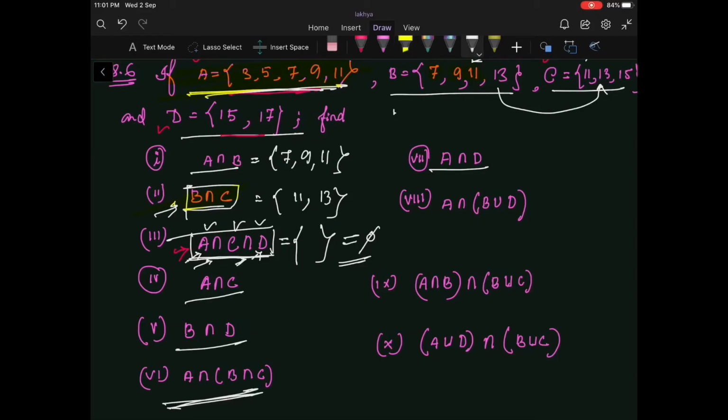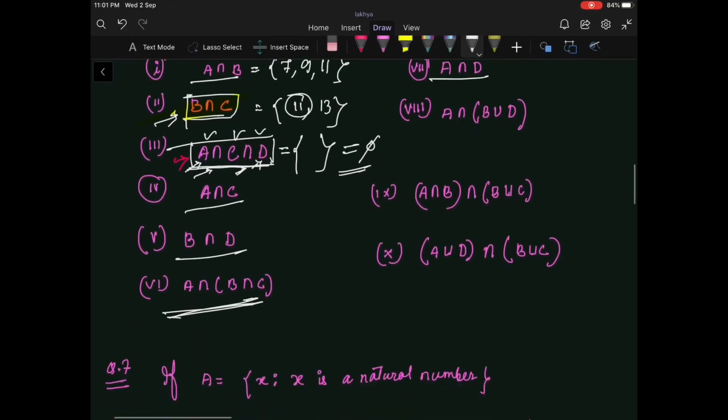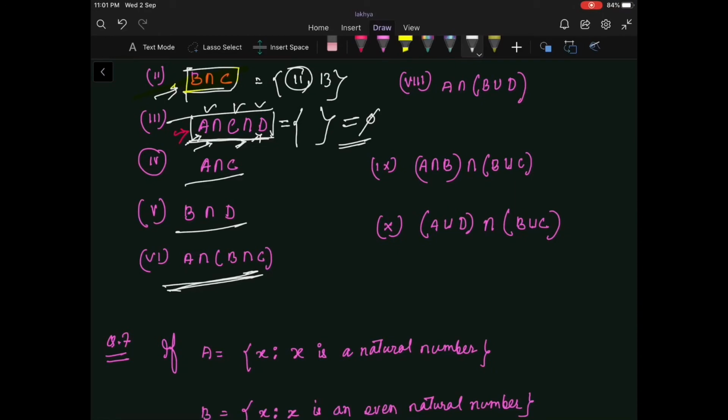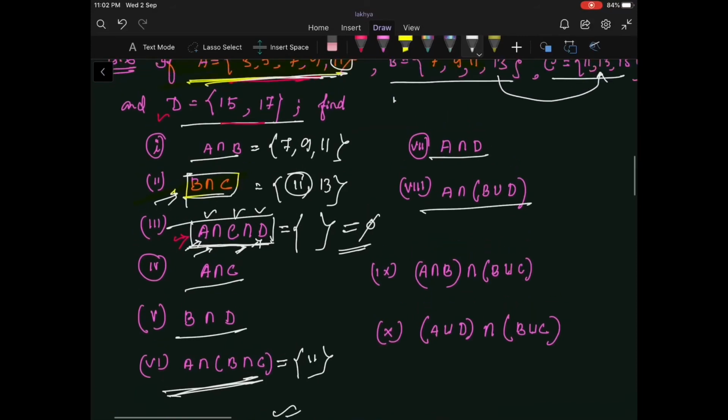You can see here it is 11, here also 11. Only this is the common element, so A intersection whole B intersection C must be a set containing only 11. This is our result. That's how we can find this result as well.